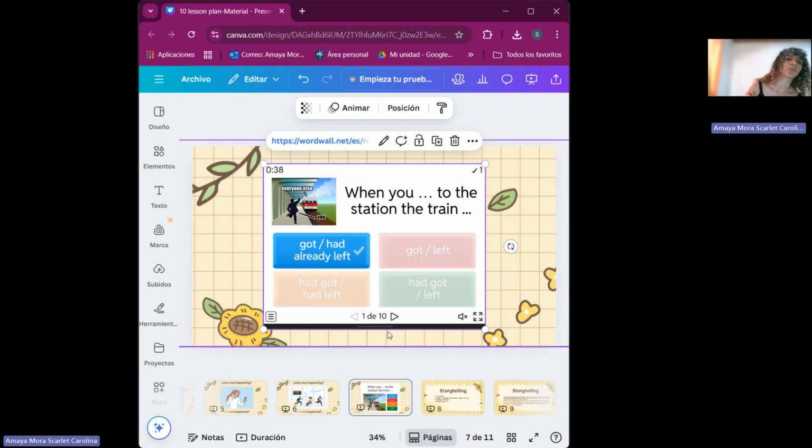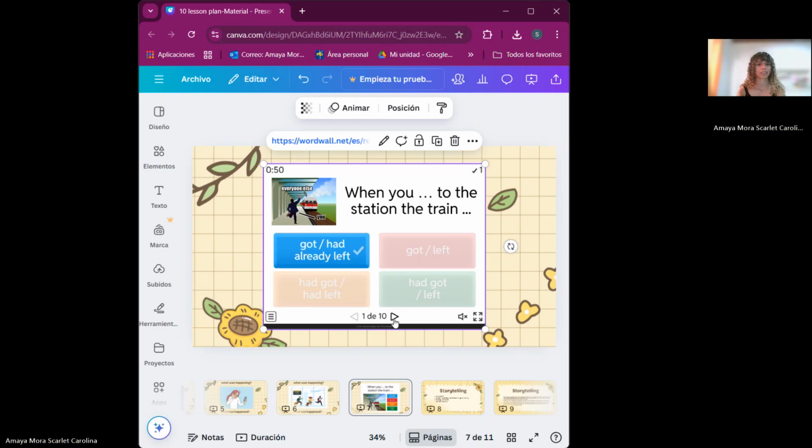So the correct answer is first: when you got to the station, the train had already left. There is a situation that happened first, and the second is the consequence.